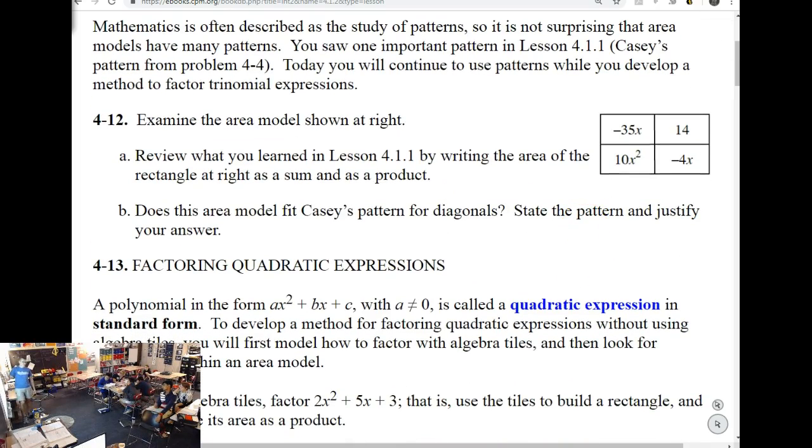So if we look at the powers of things involved here, we know that an x has to be here and an x has to be here. We could write it up here, but then we're splitting where the x's are. So now when we go to write out the area model, we're going to end up writing the dimensions, or the factors, on the left side and the bottom. So please go ahead and put this rectangle in your notes.